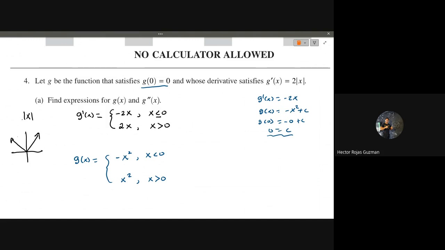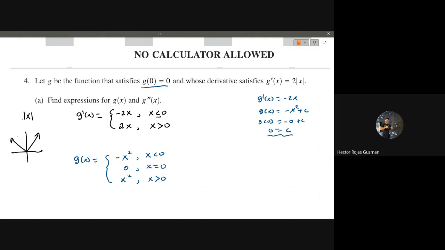Now, I saw that in the rubric, they created a second point for 0. And the first time that I did the problem, I didn't do that. I just put an or equal sign. I'm pretty confident both are going to be correct. But I'm just going to leave it the way the rubric has it. A point at 0. So that's your g of x function.